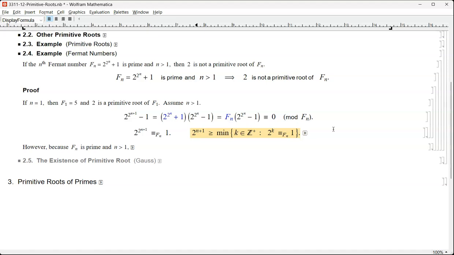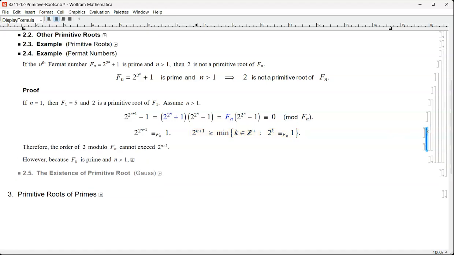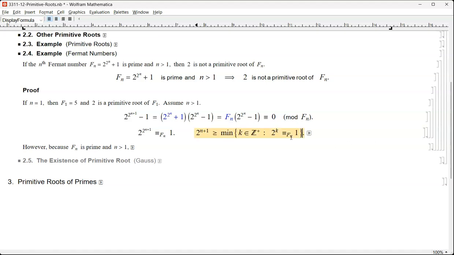The smallest positive integer k such that 2 to the k power is congruent to 1 modulo Fn. Okay, that's what you've got so far. Therefore, the order of 2 modulo Fn cannot exceed 2 to the n plus first power.